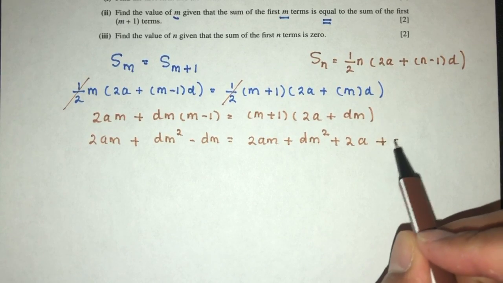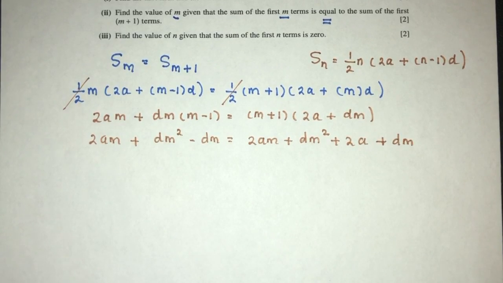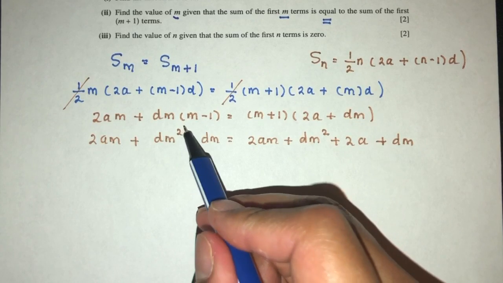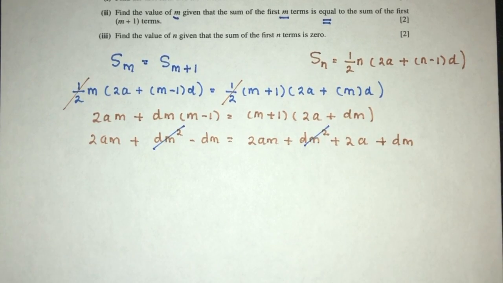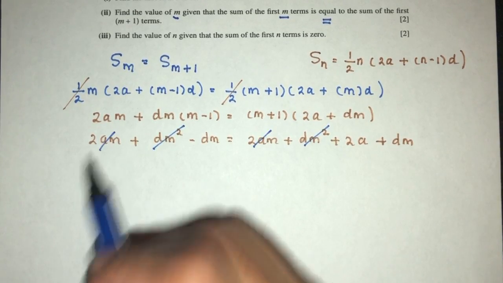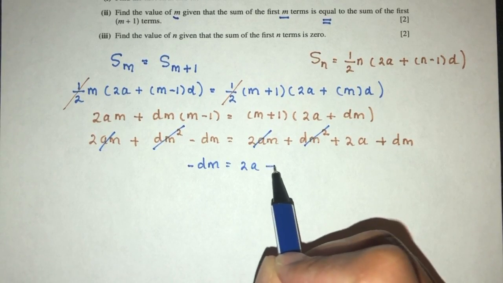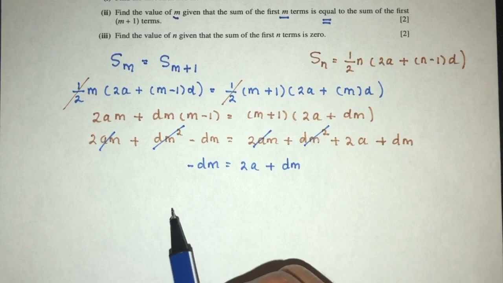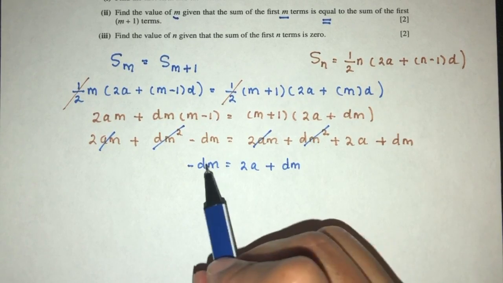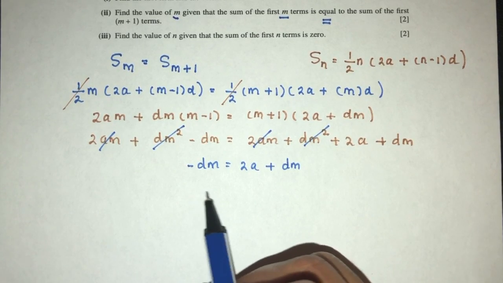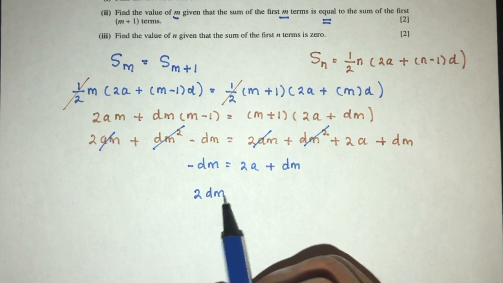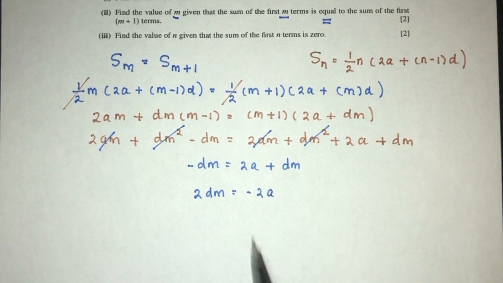Plus dm. So simplify. So here this and this will cancel out, and then this and this will cancel out. So you will have minus dm will be 2a plus dm. So let's send this over here. Why not? You will have 2dm will be minus 2a.